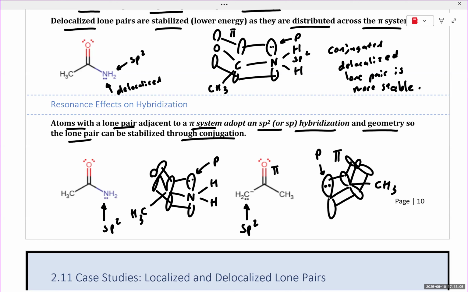So in general, when you have an atom with a lone pair adjacent to a pi bond or pi system, it'll prefer to adopt an sp2 hybridization or an sp hybridization if necessary, so that its lone pair can be placed in a p orbital and that lone pair can be delocalized across the pi system. Very important.